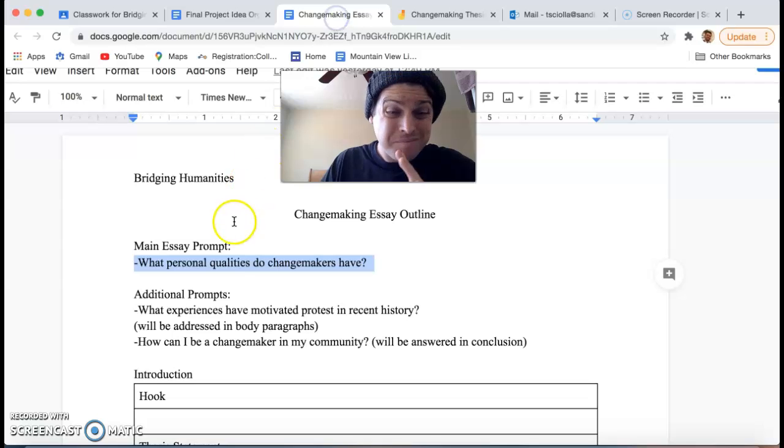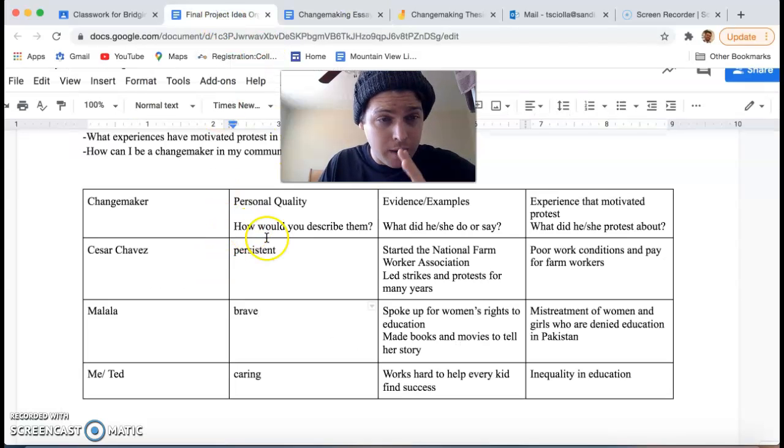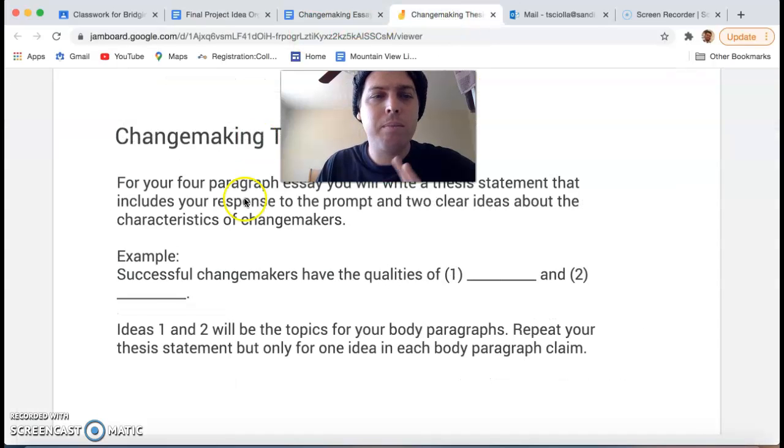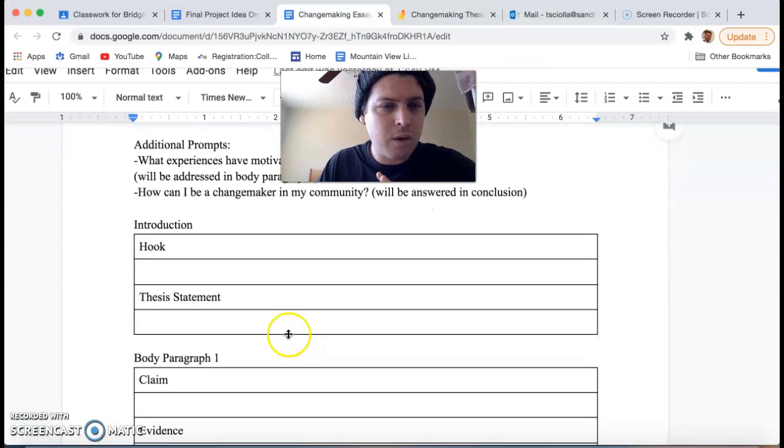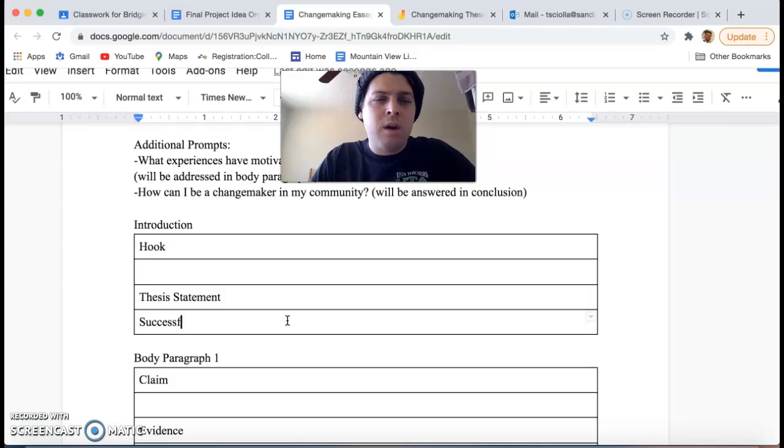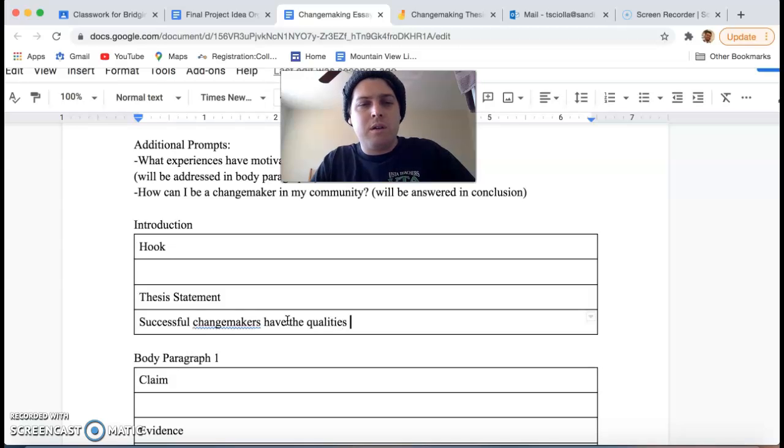For me, I came up with, okay, Cesar Chavez is persistent, Malala is brave. So I'm going to say successful changemakers have the qualities of persistence and bravery.